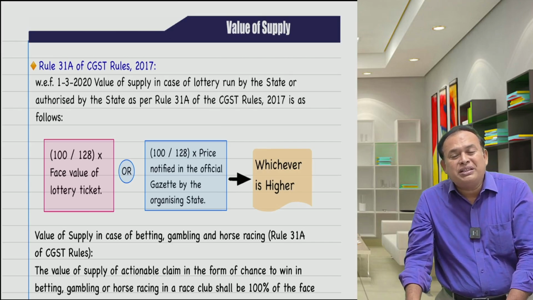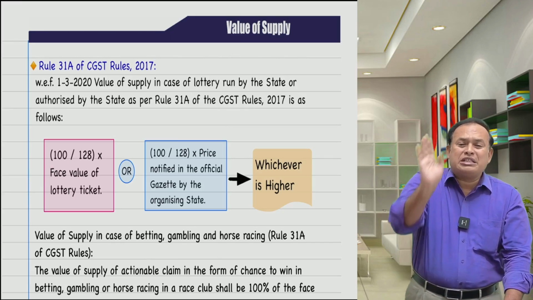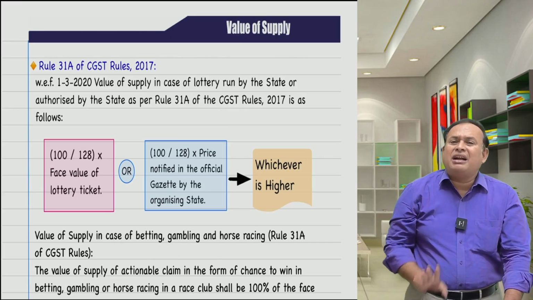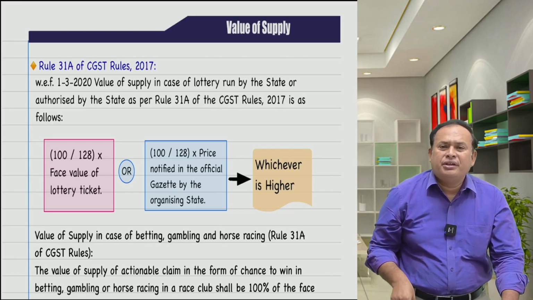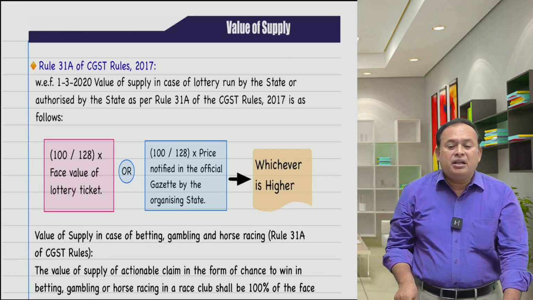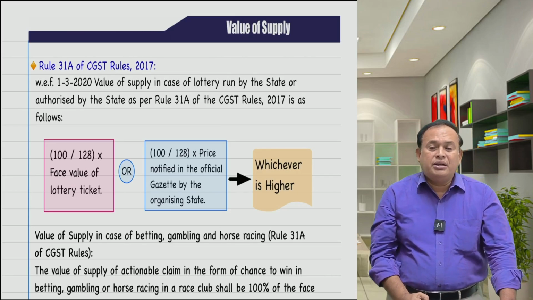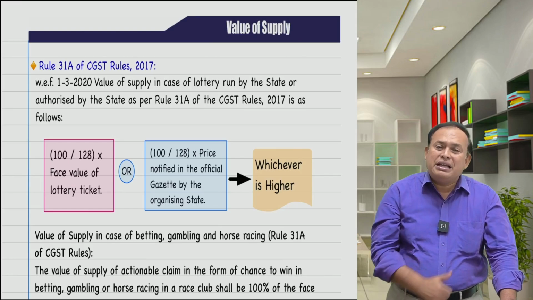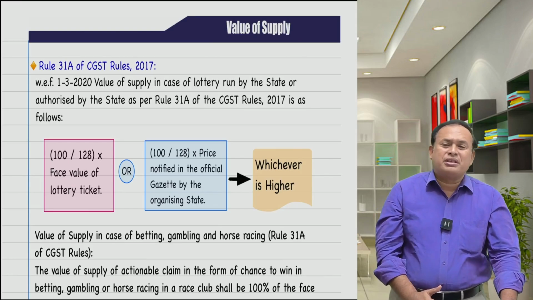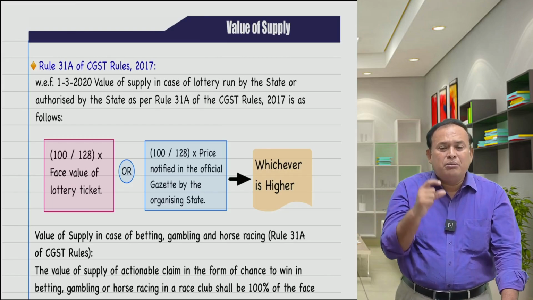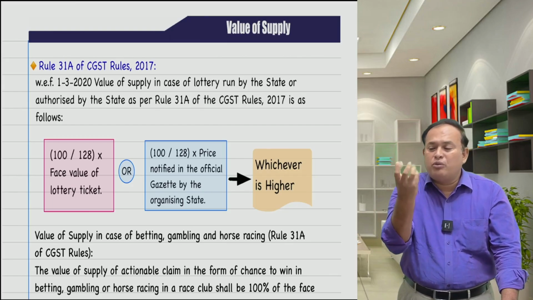How to arrive at the value for the payment of GST? Here valuation should be as per Rule 31A only, not on the commission. Valuation is the face value of the lottery ticket, which is on MRP basis. Eliminate the GST, which is 28%: 100 divided by 128, multiply by the face value, MRP value, and you will get one value.